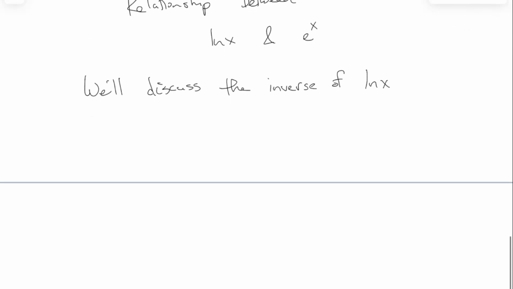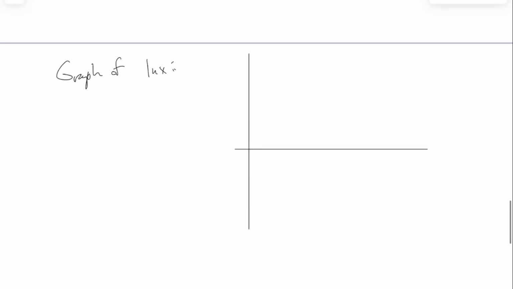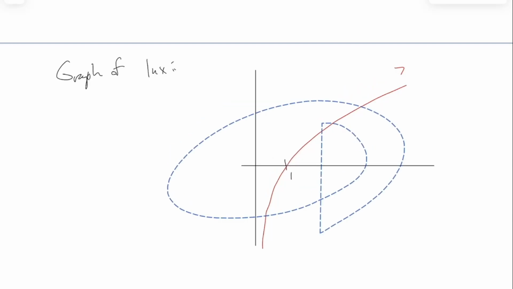So I will remind us from last time we talked about this, the graph of ln x is, sorry, I should put the axis in the middle there. The graph of ln x looks like, here is 1, and it goes like so, right? Maybe I'll move this down a little bit.